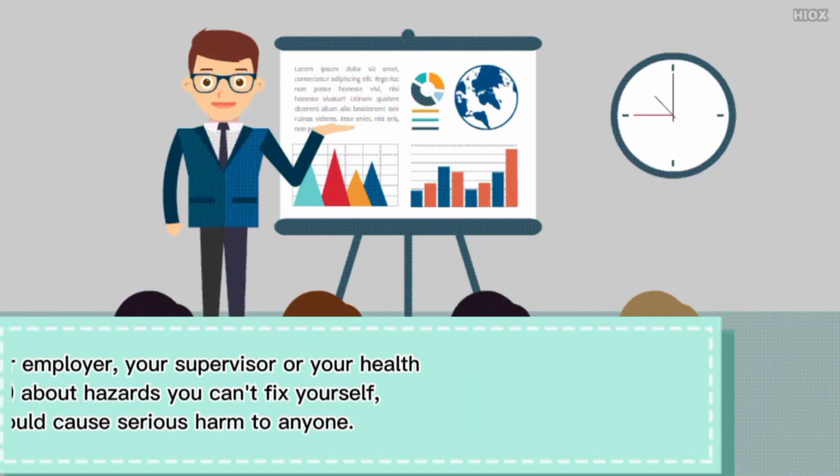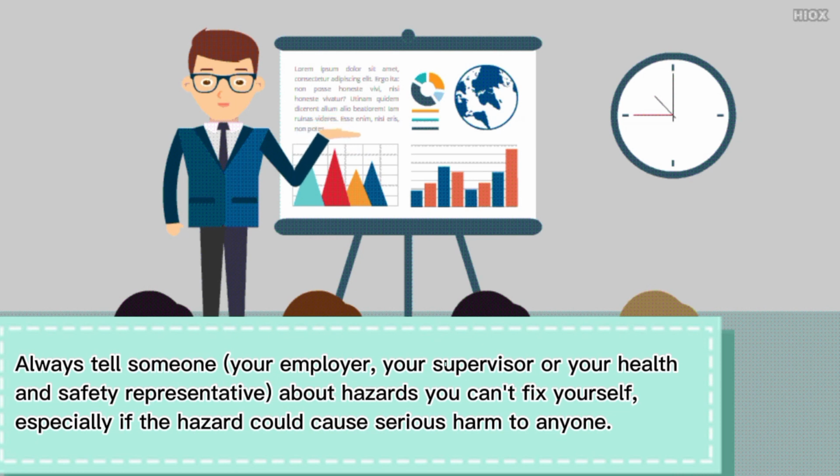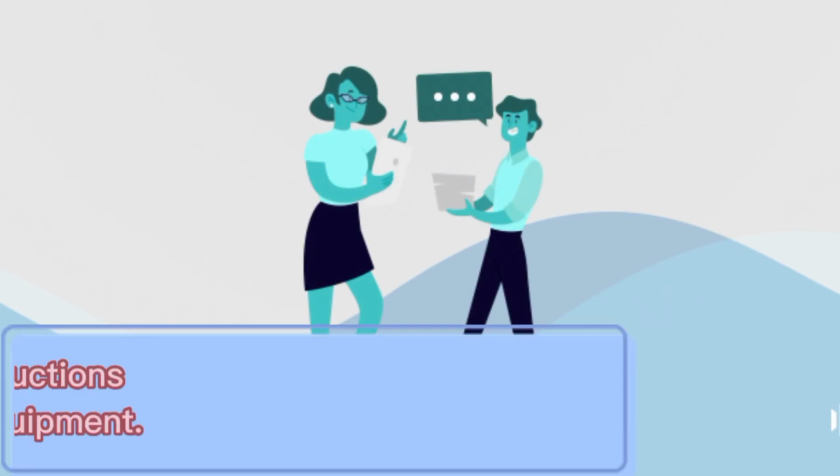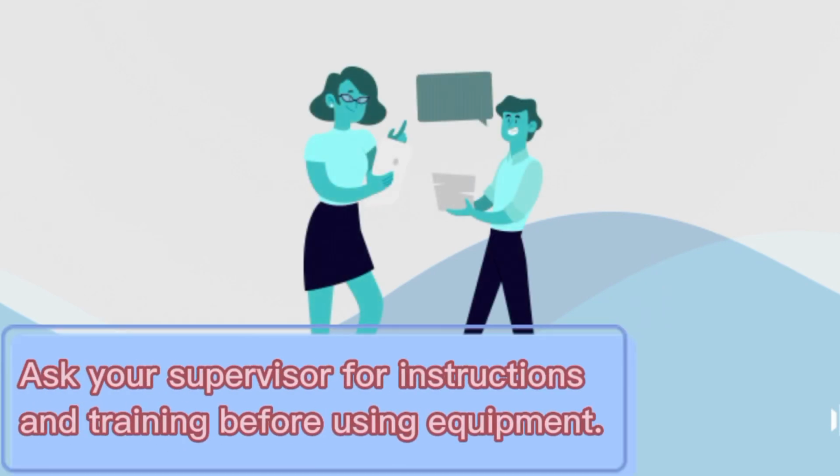Always tell someone, such as your employer, your supervisor, or your health and safety representative, about hazards you can't fix yourself, especially if the hazard could cause serious harm to anyone. For example, ask your supervisor for instructions and training before using equipment.